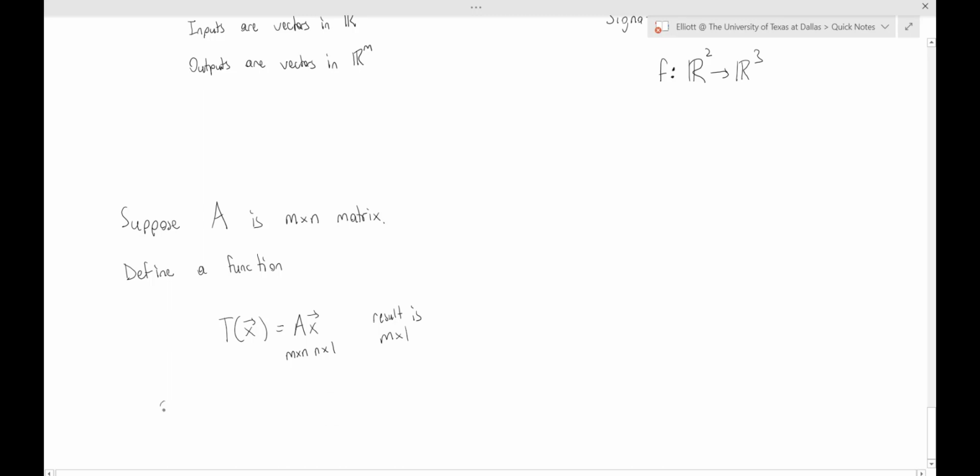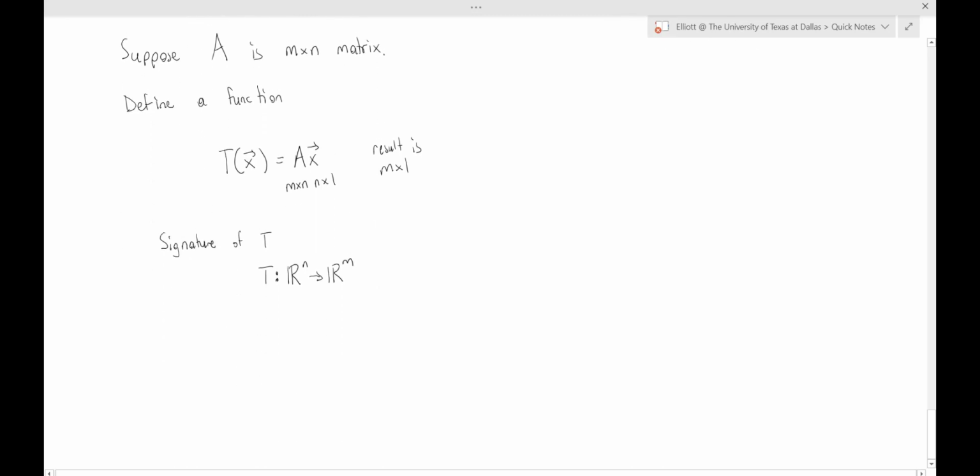All right, so that means the signature of this function T, it inputs a vector from Rn, and then it outputs a vector in Rm. Okay.